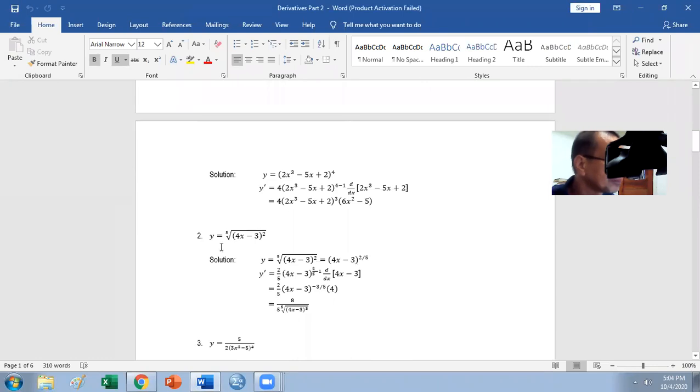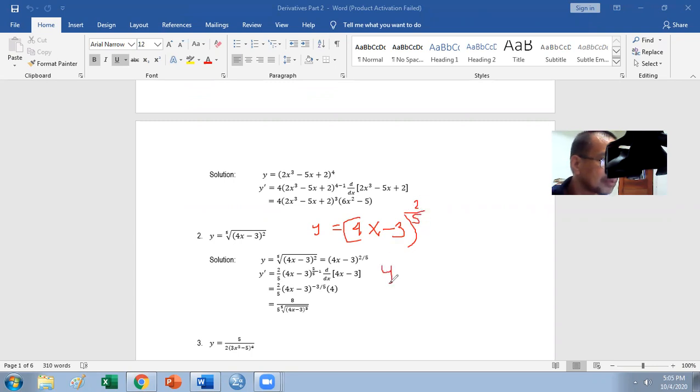Ito naman. y is cube root of (4x minus 3) squared. Now, this can be written as y equals (4x minus 3) raised to the 2 over 5 na lang yan, 2 over 5.